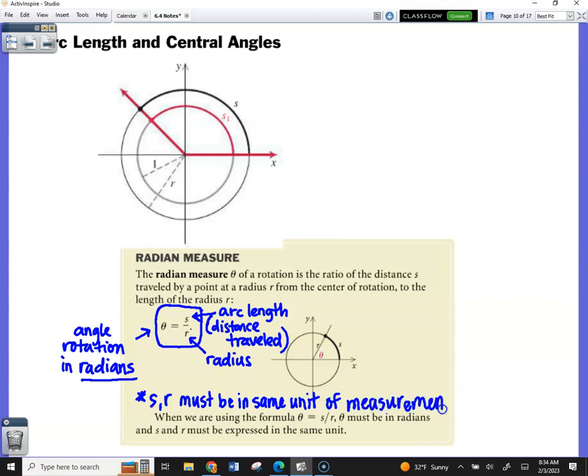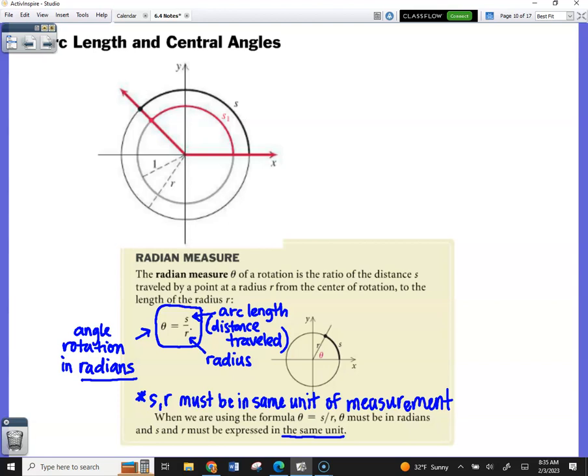It is typed on your paper, it says it right here. Meaning, if the arc length is in feet and the radius is in inches, you have a problem. You'd have to convert one to the other, but they need to be in the same unit of measurement.